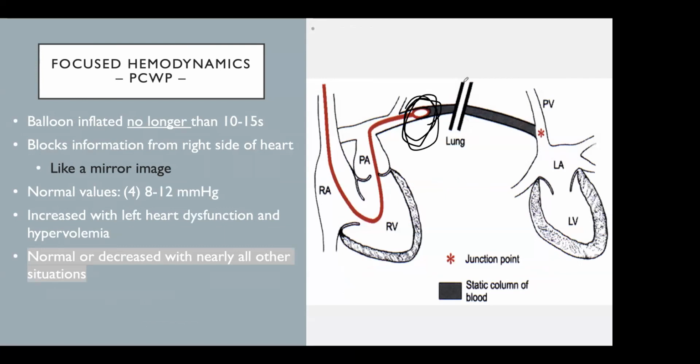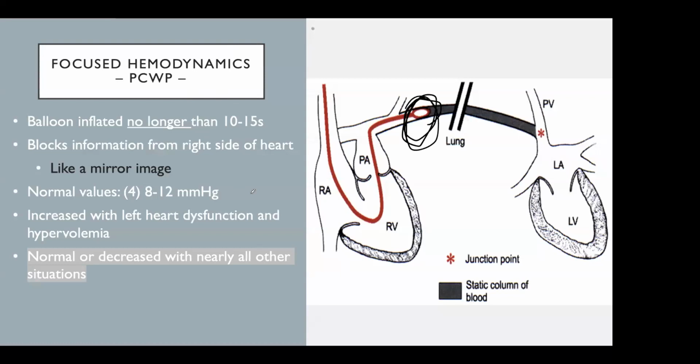So we inflate the balloon to mirror the function of the left ventricle. We don't want to inflate the balloon for longer than 10 seconds because of pulmonary ischemia. But when we inflate the balloon, it blocks information from the right side of the heart and lets us know what's going on in the left side of the heart. Again, it's like a mirror image.